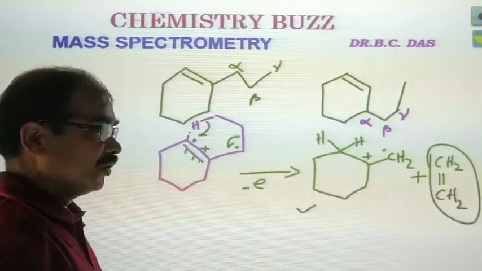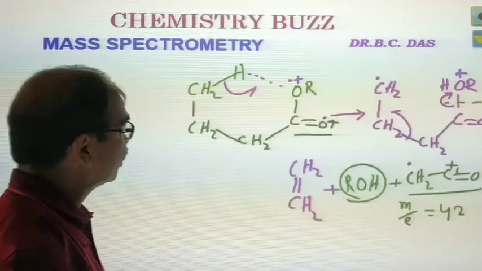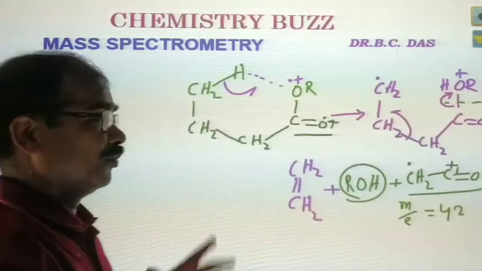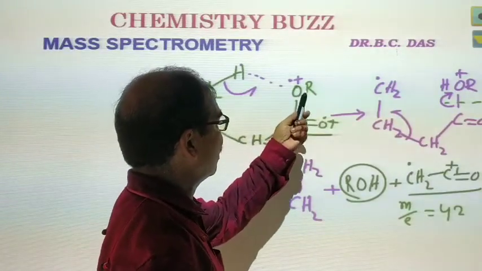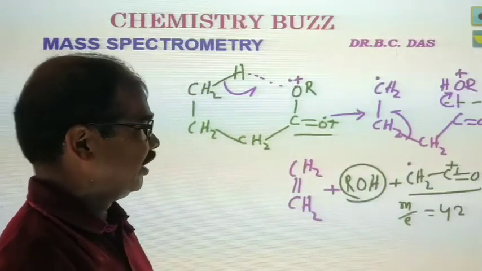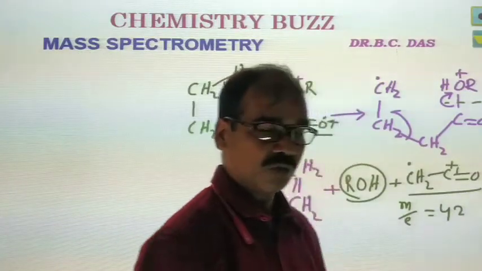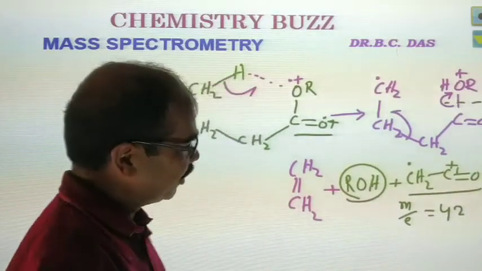Also we have seen here that if an ester is given and it is specified that particularly this oxygen ionizes, then what will be the fragmented products, you have to write in this way.